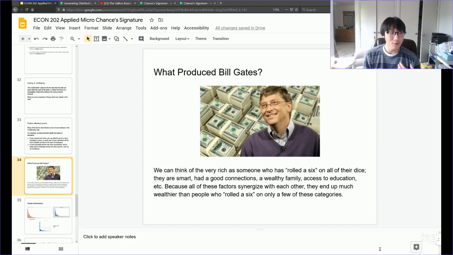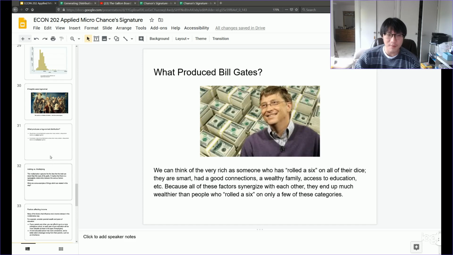He rolled a 6 on all of those dice. And since all those factors synergize with each other, he ended up being far more wealthy than individuals who maybe rolled a 6 on only a few of those categories. Okay, so that's a log normal distribution.